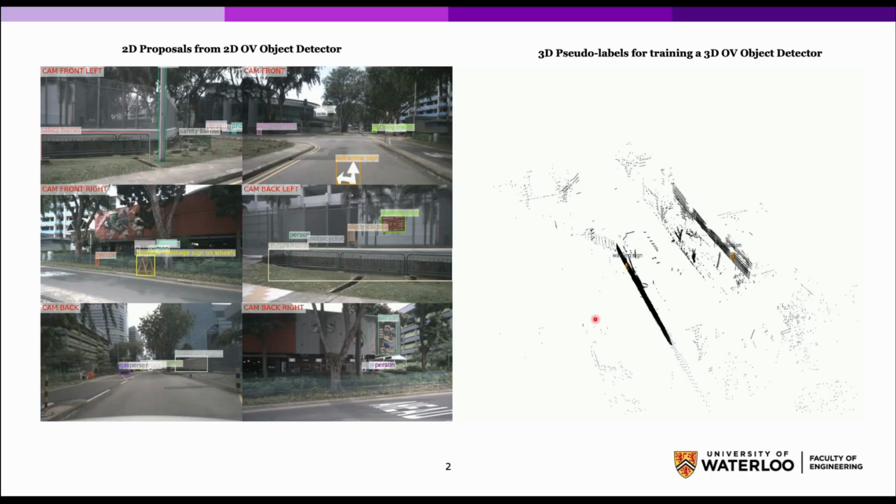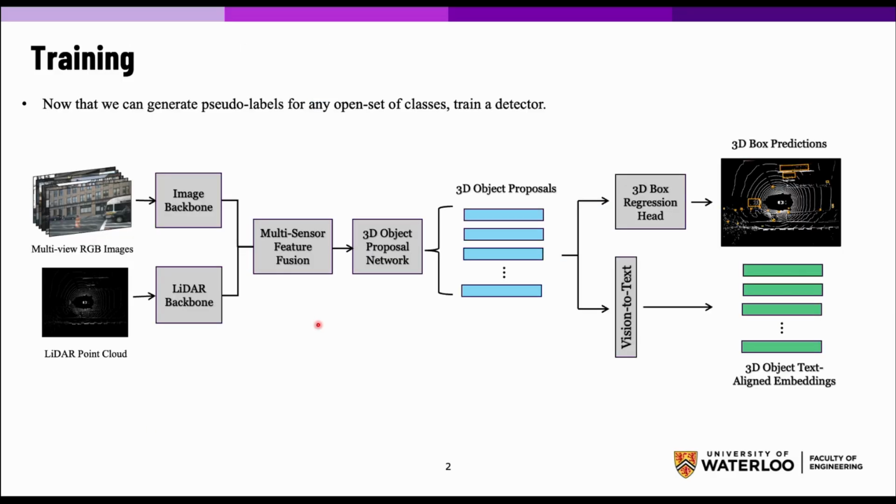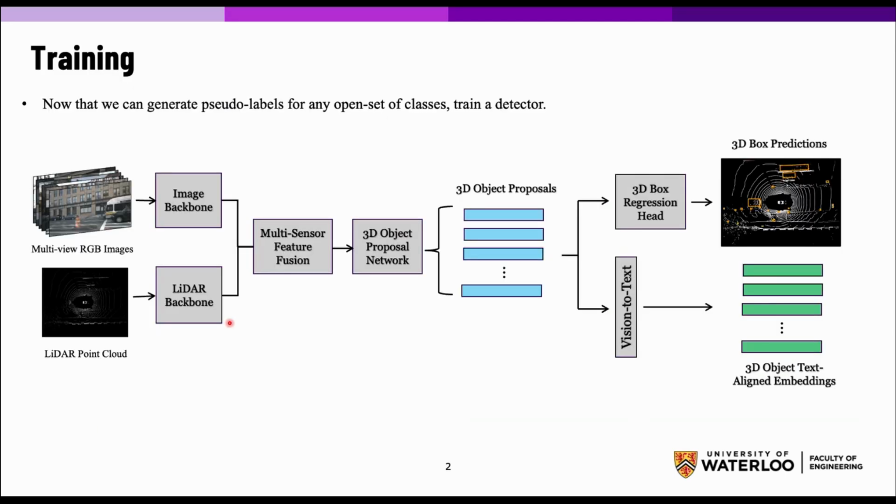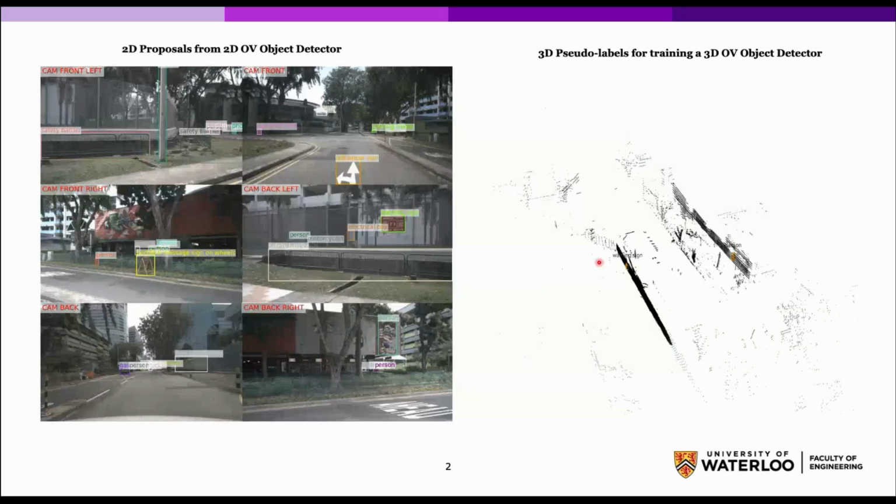So stuff like traffic signs and garbage cans and whatnot. We show that if you just follow a labeling method like this, you're able to at least try to produce bounding boxes, right?